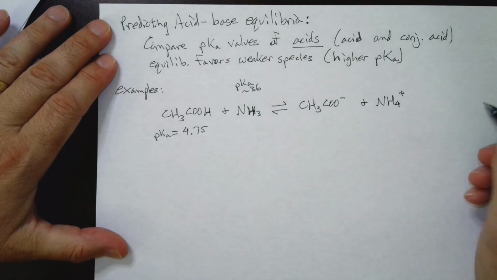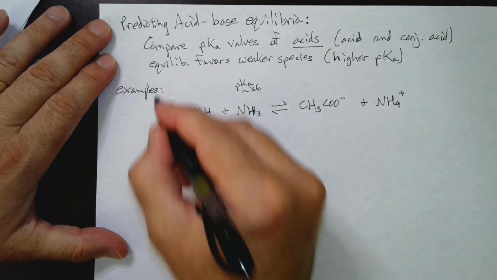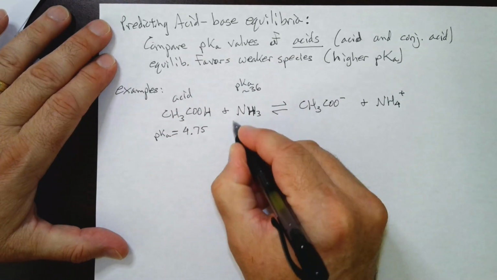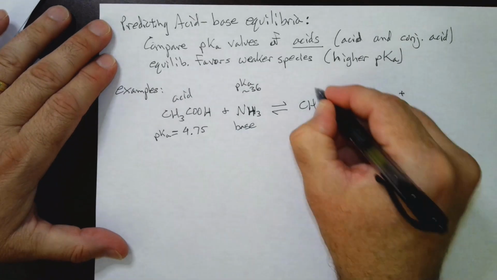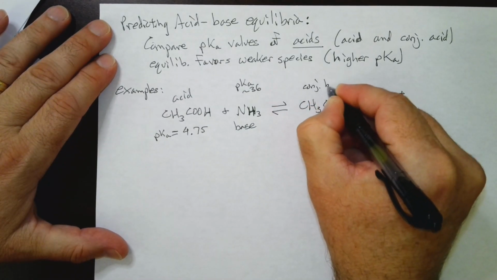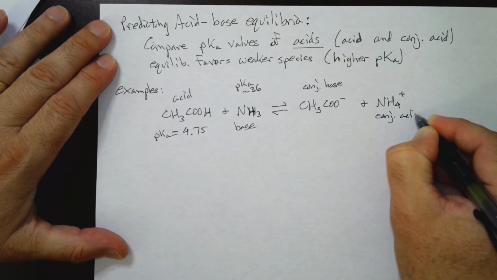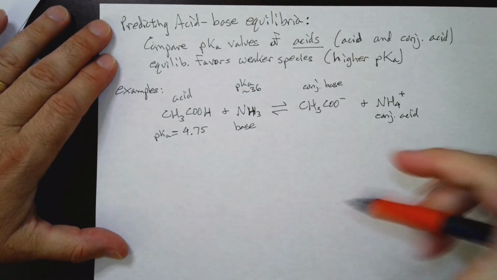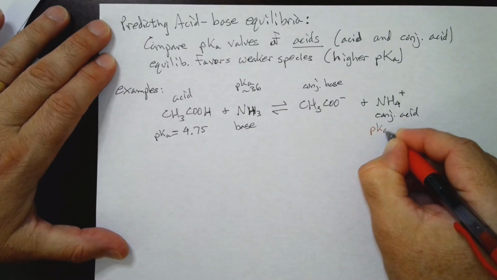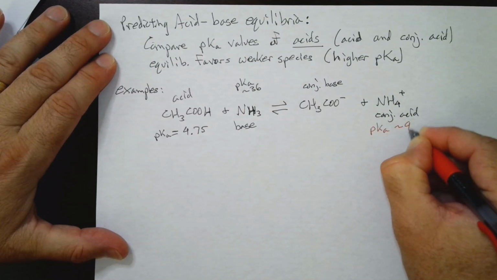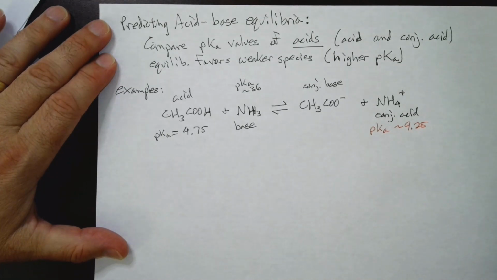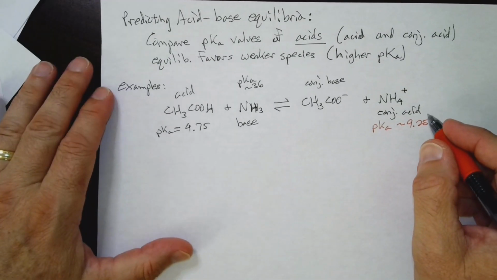And now I can look at my pKa. So again, this is my acid, this is my base, this is my conjugate base, and this is my conjugate acid. And my pKa here is around, I think it was 9.25.